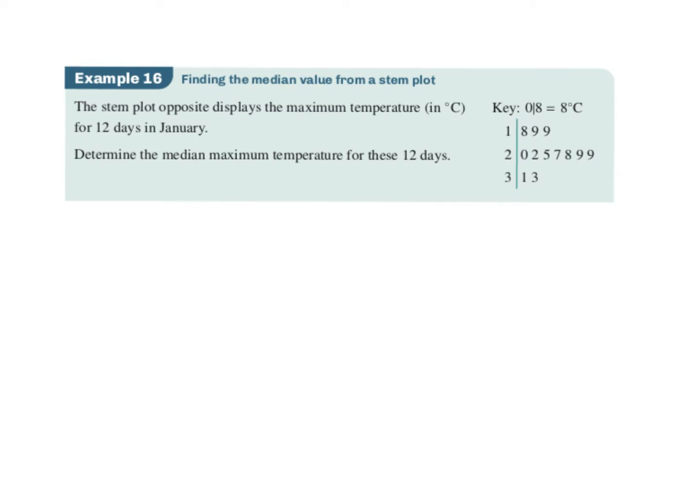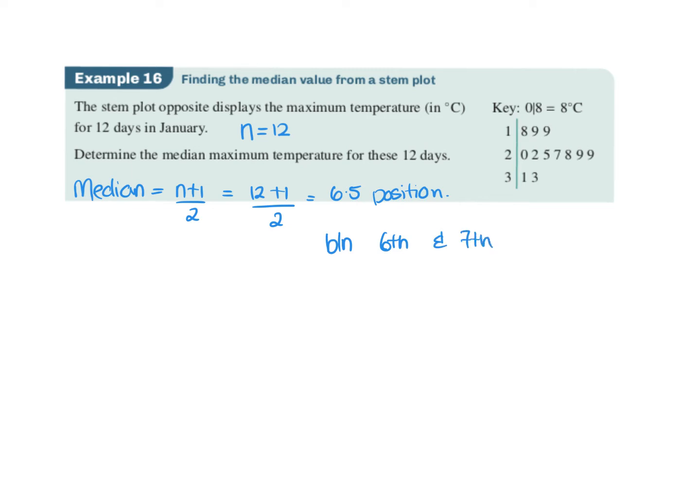Okay, the stem plot opposite displays the maximum temperature of 12 days, so n equals 12. Determine the median. We know the median can be found at (n+1)/2, so 12 plus 1 divided by 2, and we end up with the 6.5 position. This is because it's an even number, so it's between the 6th and the 7th value.